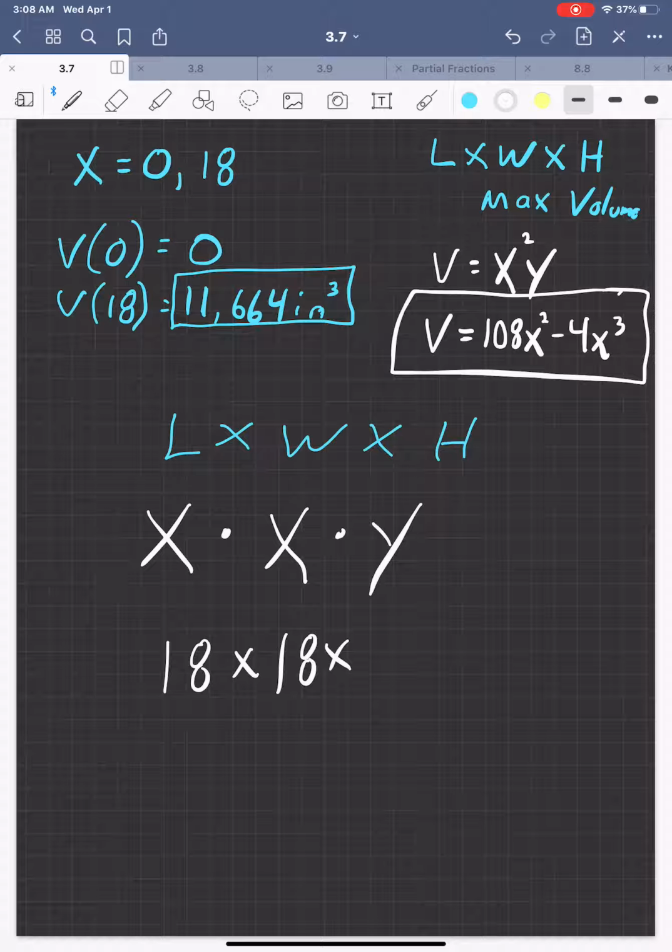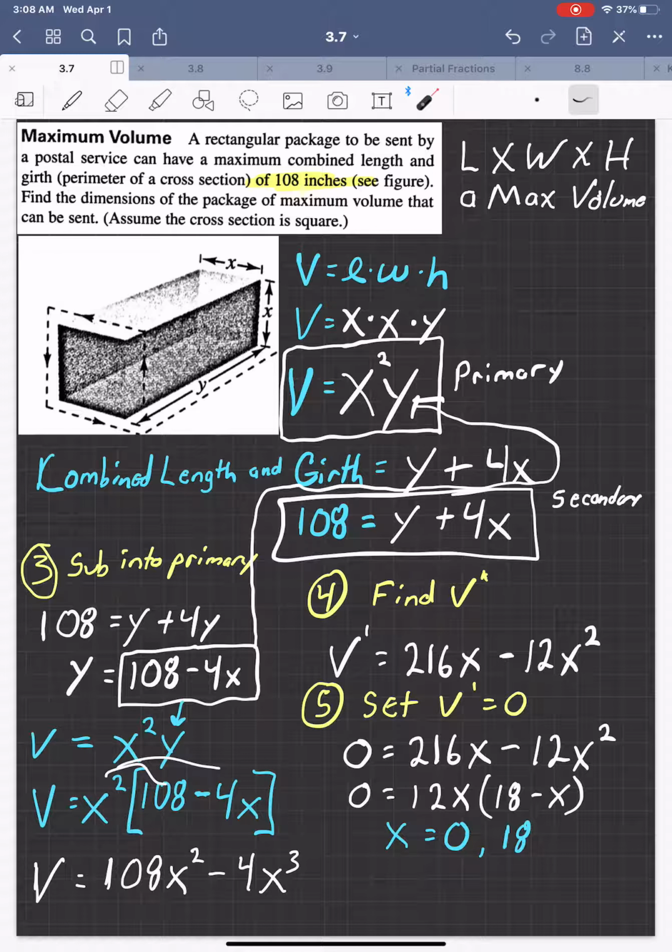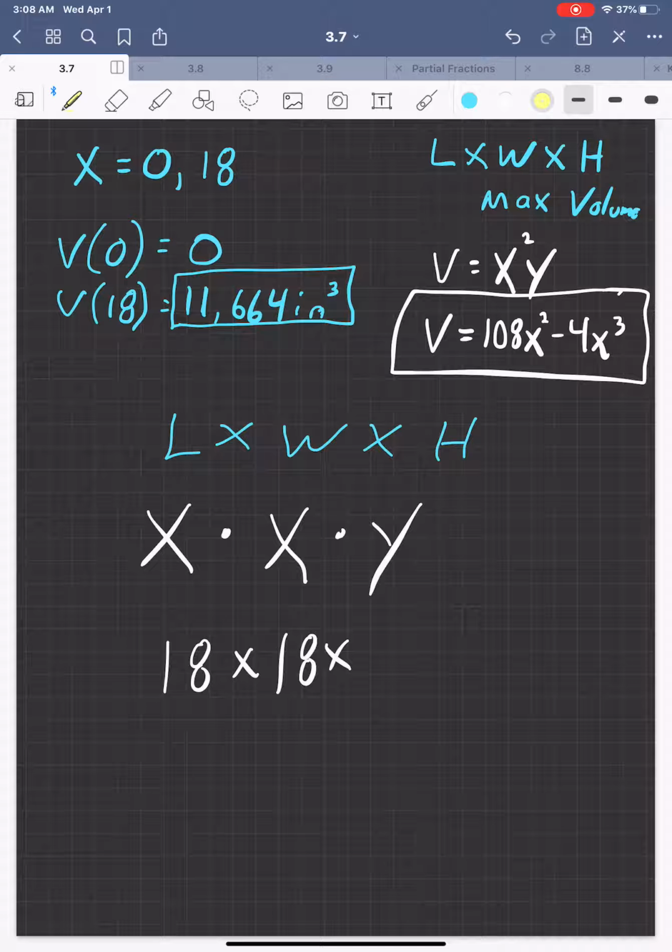As long as you're keeping your work nice and neat, you would just scroll back and find the equation that gives you a y if you give it an x. So y is equal to 108 minus 4x. I know it's an 18 by 18 by something box, and I've got to figure out what that something is.